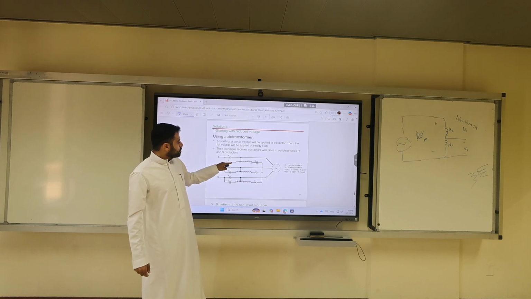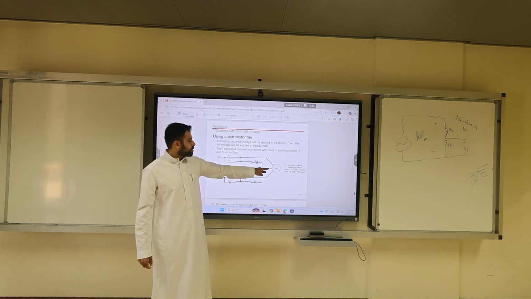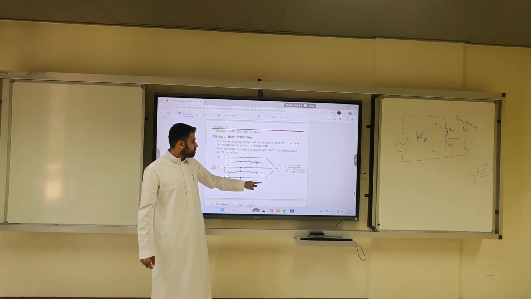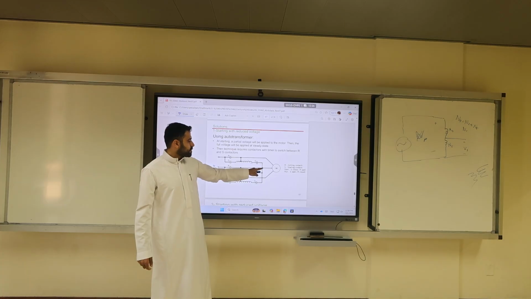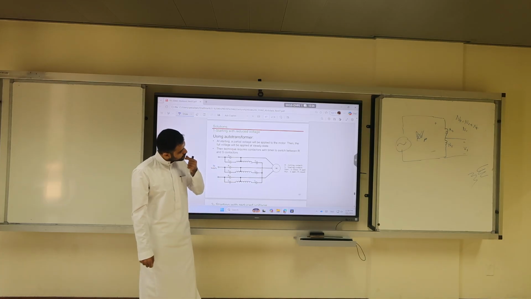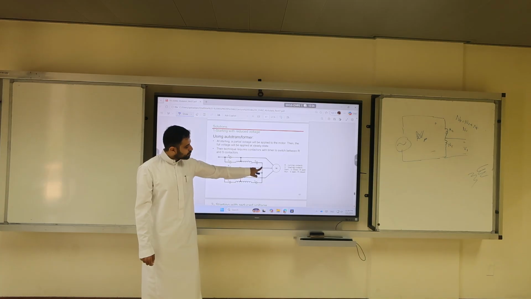You see the primary, and this is only in phases B and C. Okay. Phases B and C they are connected. Is this a jump or connection? This is a jump. This is a connection. Okay?